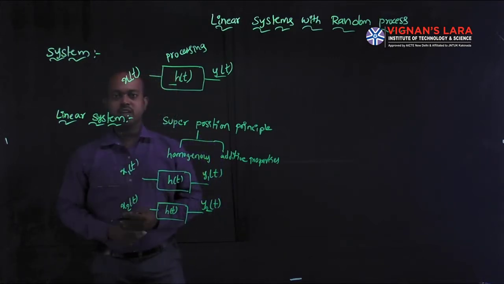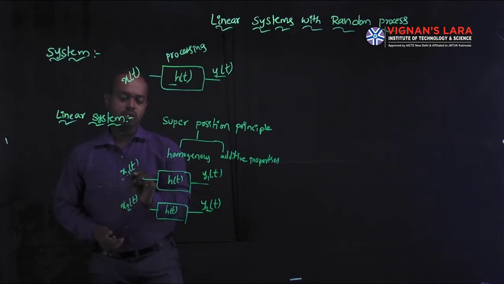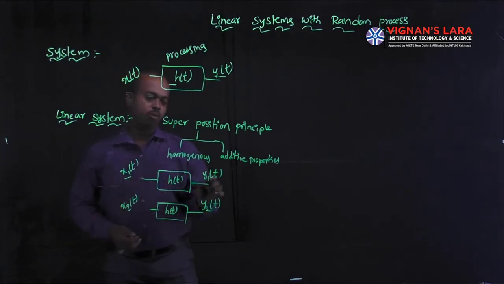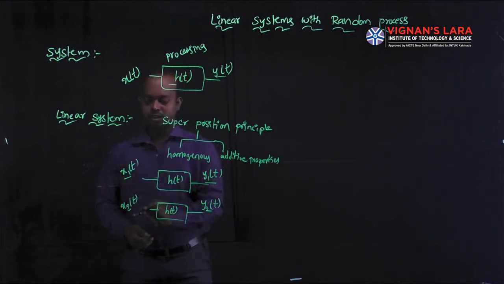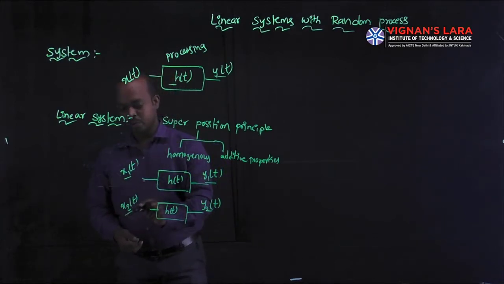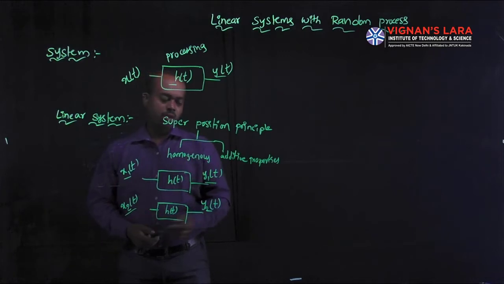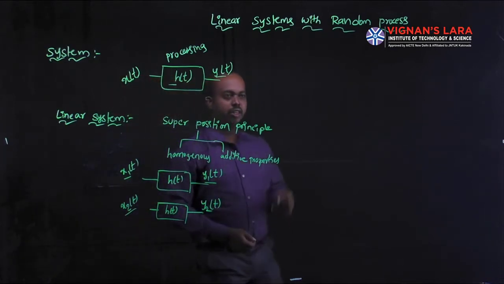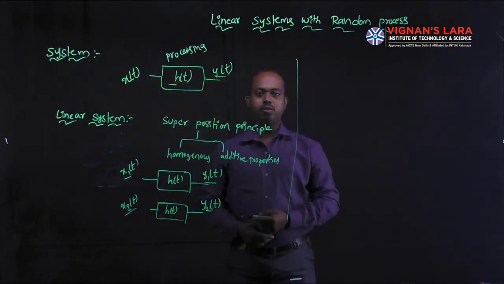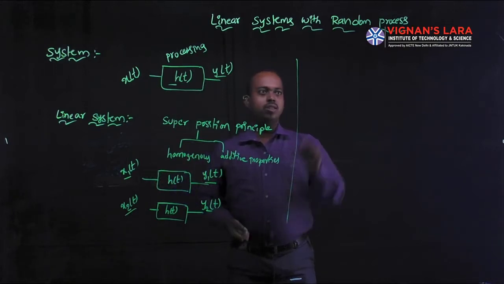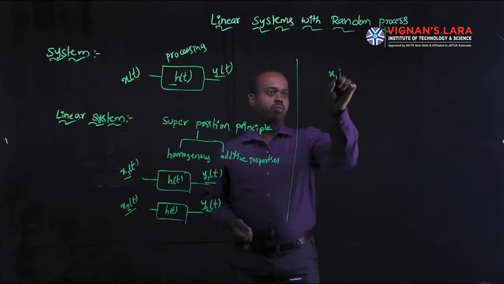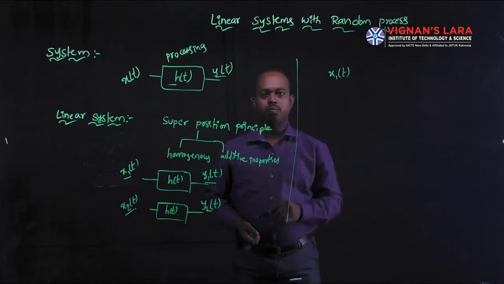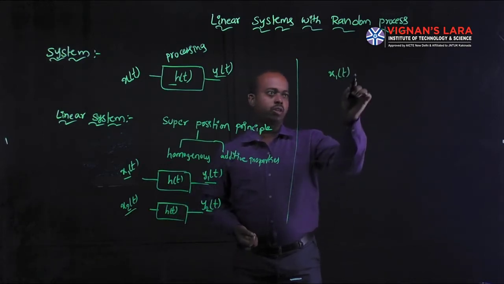Saying this in a mathematical orientation, we have to consider two functions. One function is the input x1 of t, and its response is y1 of t. In the second case, applying the second input x2 of t, the response is y2 of t. Now, to check the linearity of a system, we have to consider x1 of t and x2 of t.